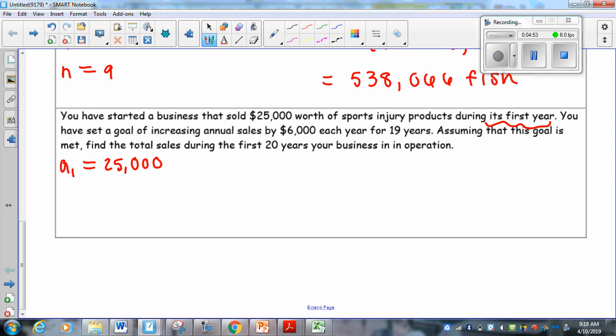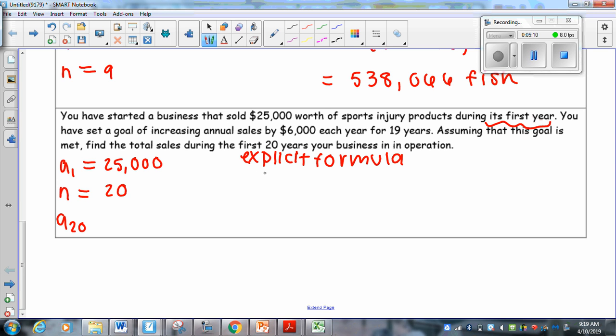So what we actually need to do is find AN because we know that N equals 20. In order to find A sub 20, we're going to have to use that explicit formula from level 2.